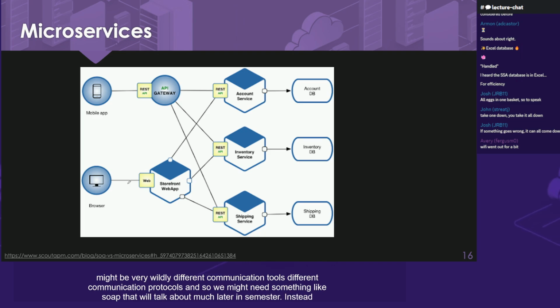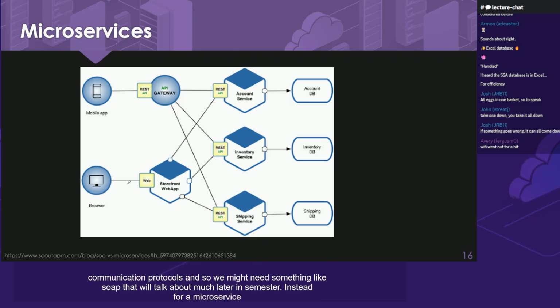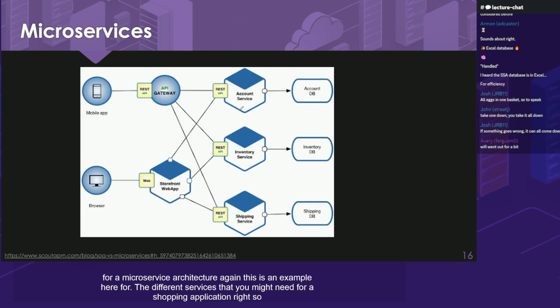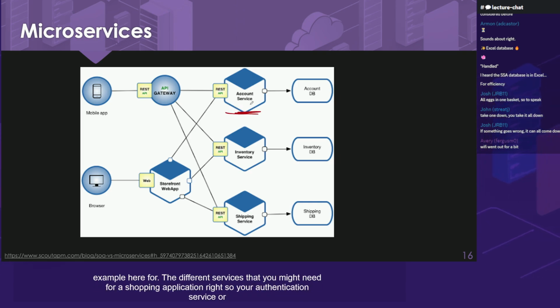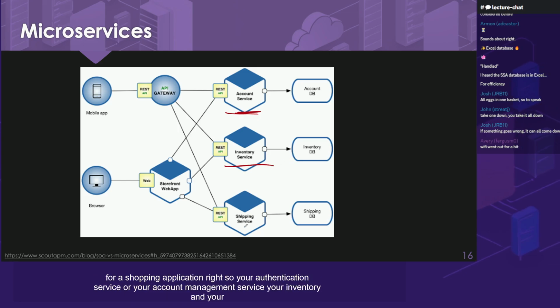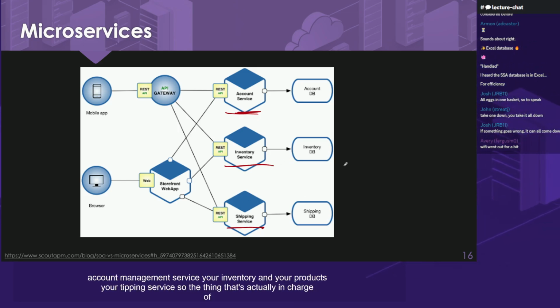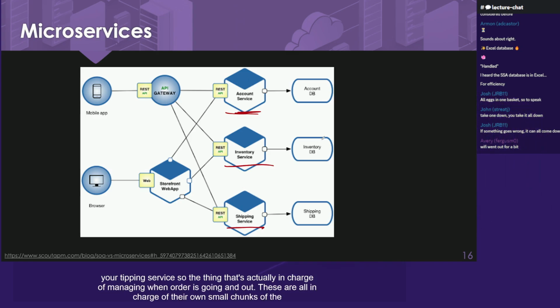Instead, for a microservice architecture, again, this is an example here of the different services that you might need for a shopping application, right? So your authentication service or your account management service, your inventory and your products, your shipping service, so the thing that's actually in charge of managing when orders go in and out. These are all in charge of their own small chunks of the application.